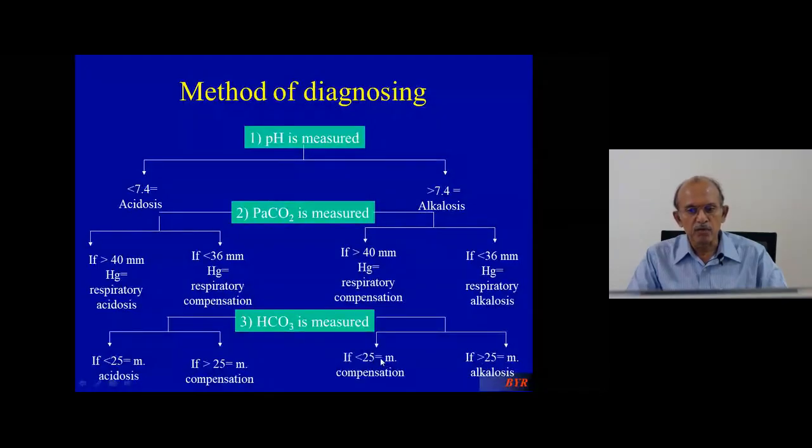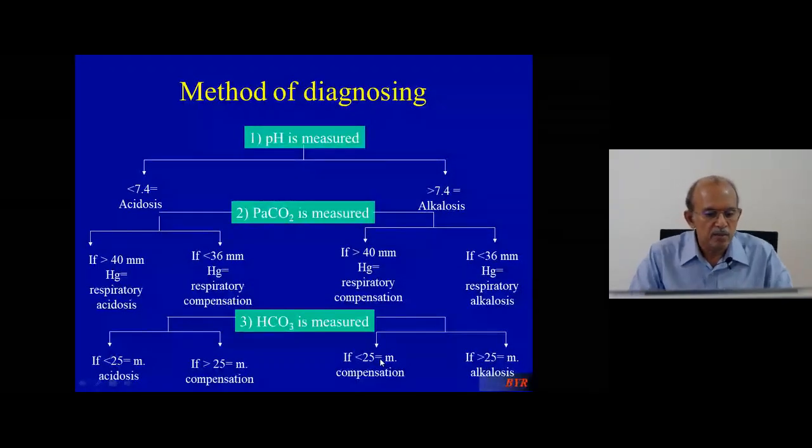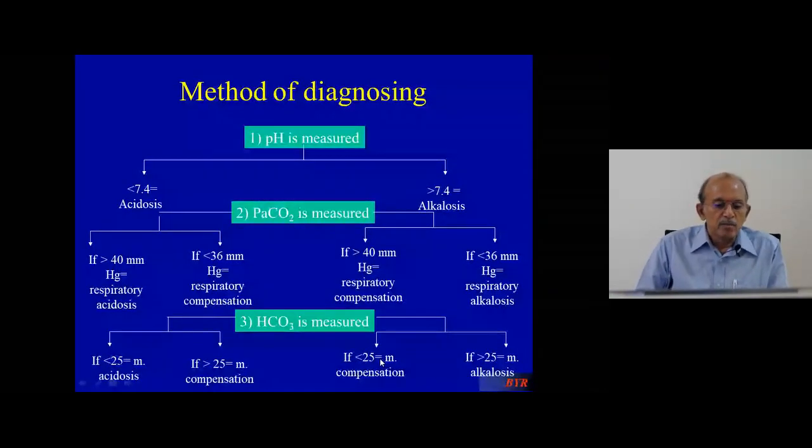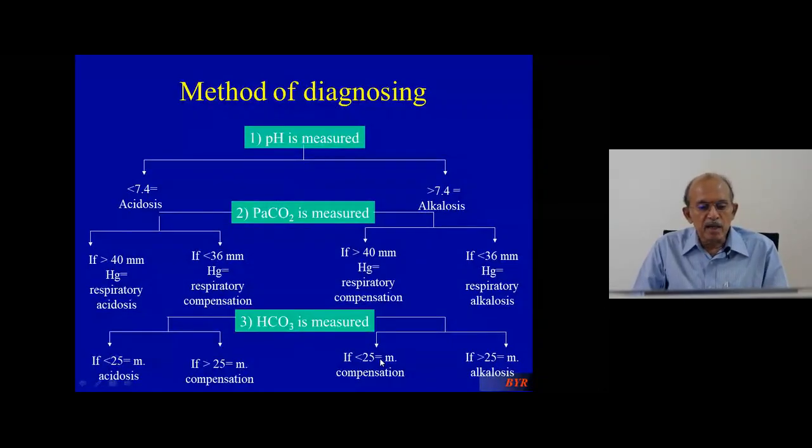If it is less than 25, it is metabolic compensation. So whenever compensating mechanisms are there, the acidosis and alkalosis will be corrected. But in spite of their compensation, if they are not corrected, then only you will get the pH disturbance.